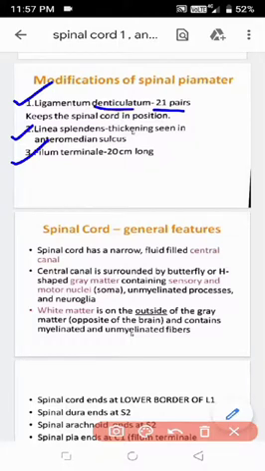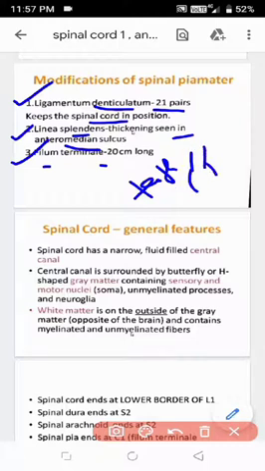Denticulatum means teeth-like projections. It keeps the spinal cord in position. Okay. Linea splendens is a thickening seen in the anterior median sulcus. The filum terminale is 20 centimeters long. Okay. The pia modifications are seen in the terminal part of the spinal cord, that means at the L2 vertebra.